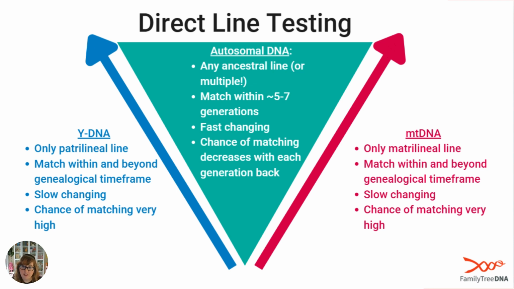So 2 or more matches who are both direct patrilineal descendants on paper should also be Y-DNA matches and share the same Y-DNA haplogroup. So they'll be placed on the same branch on the genetic family tree of all humans. And 2 or more matches that are both direct matrilineal descendants on paper should be mtDNA matches and share the same mtDNA haplogroup. So they'll be placed on the same branch on the genetic family tree of all humans.